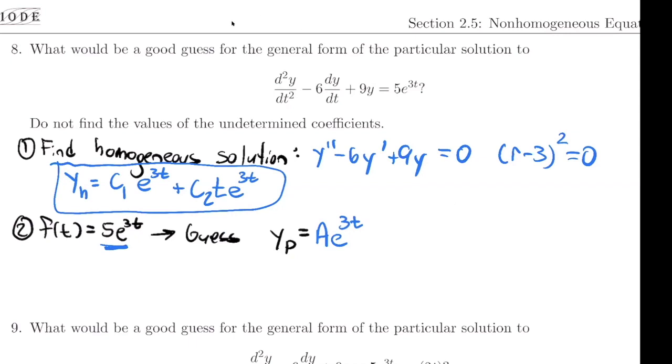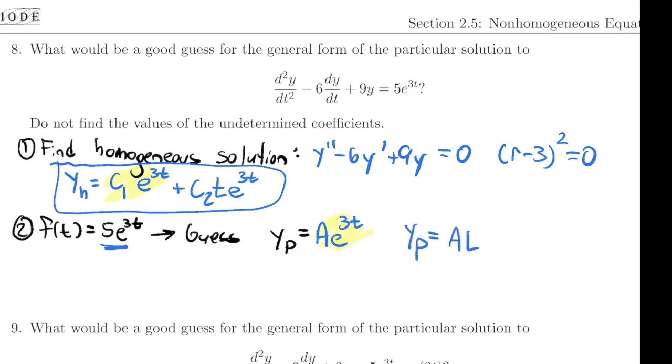Okay, we've got a vote in for yes, there's resonance. And there is, because this is basically exactly the same as that, right? If I were to take this particular solution and plug it into the differential equation, I'm not going to get this, I'm going to get 0 because this is a homogeneous solution. So that's not going to work.